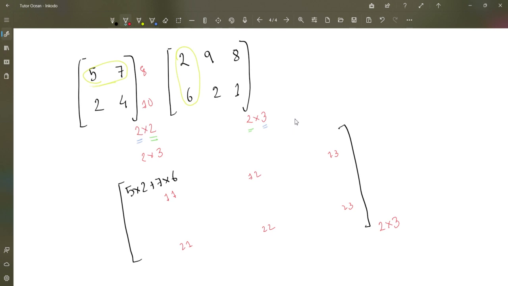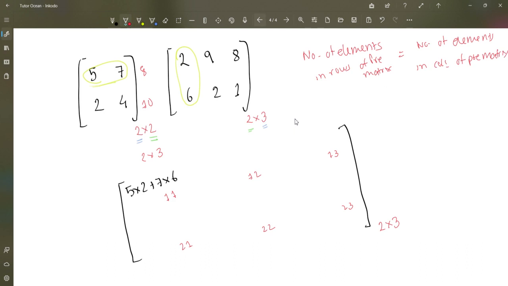That is why the number of columns in the first matrix needs to be equal to the number of rows in the second matrix, or even simplified, number of elements in rows of pre-matrix equals number of elements in columns of post matrix.